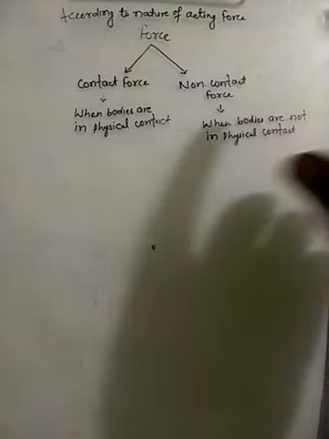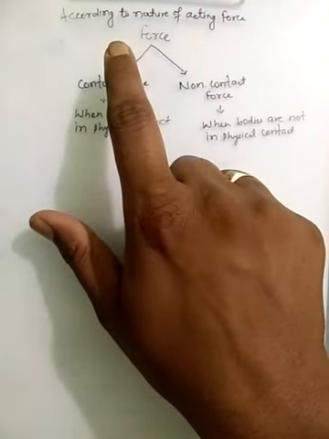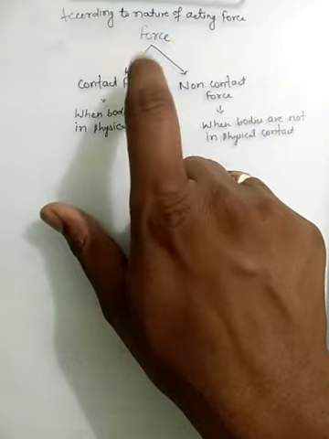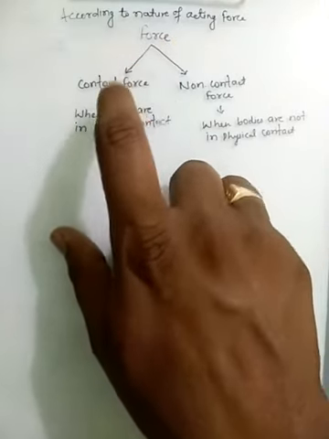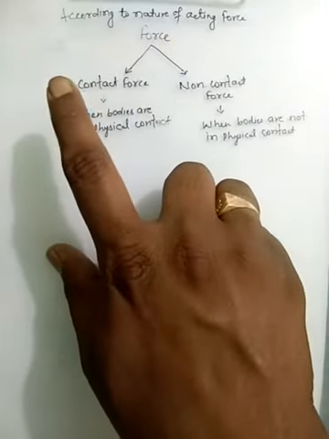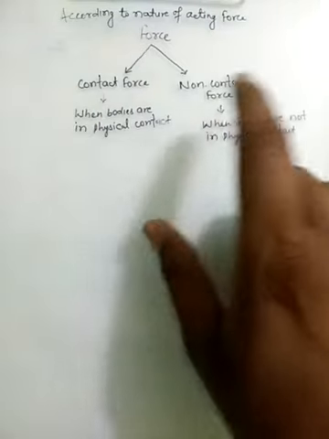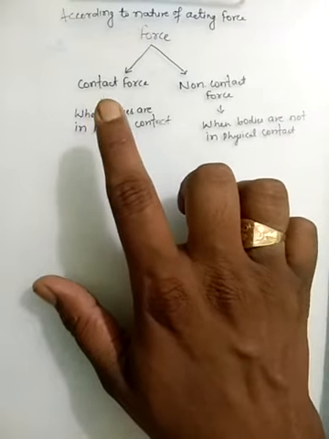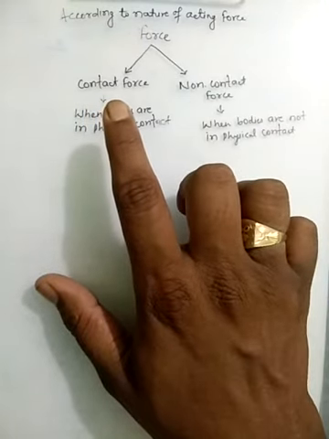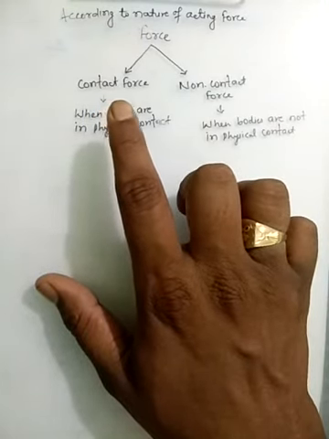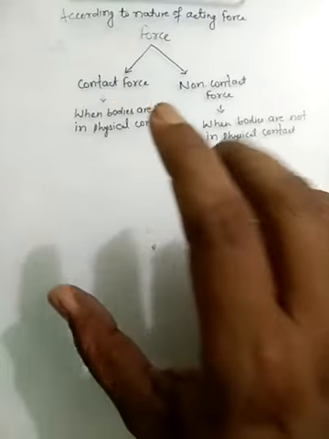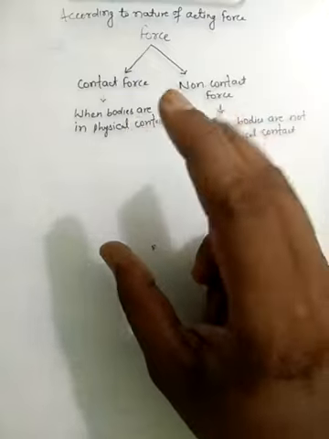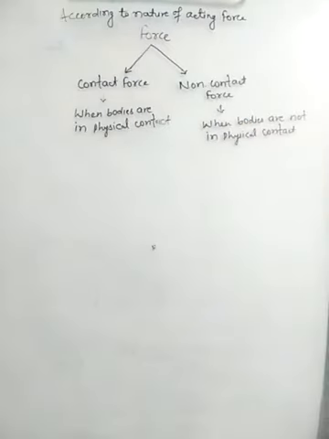One method of classification is according to the nature of the force acting. On this basis, it is of two types. First is contact force and second is non-contact force. Contact forces are those in which the force acts between bodies which are in physical contact.